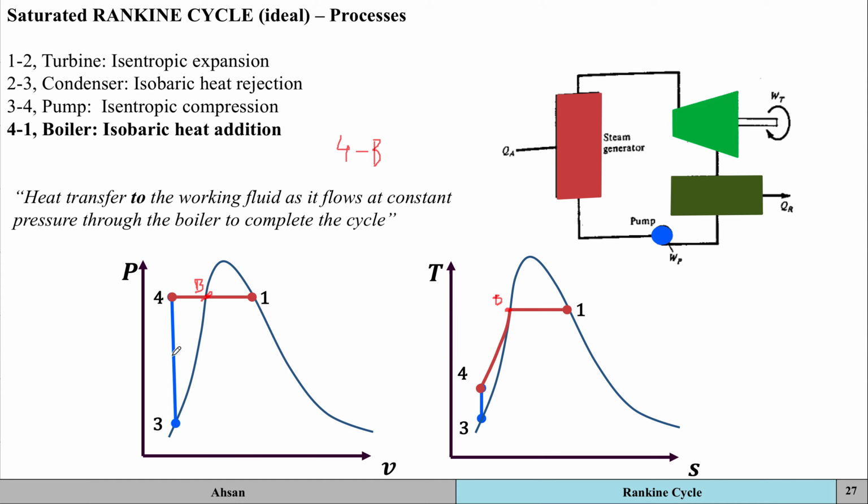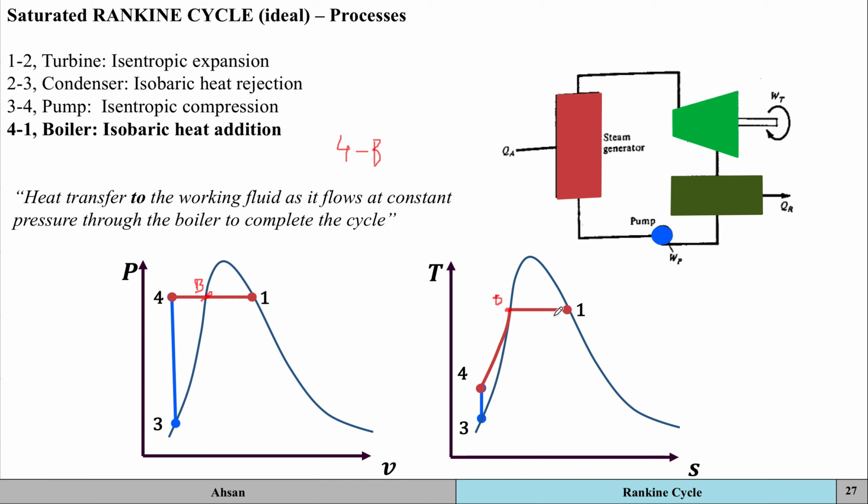And from B to 1 now, what process B to 1 represents is the heating of the saturated liquid to a saturated vapor at constant pressure and temperature.